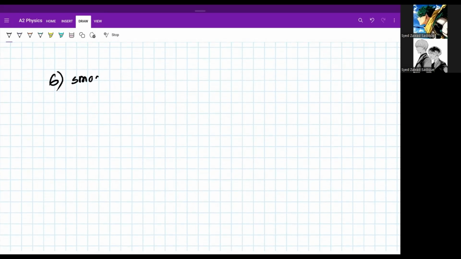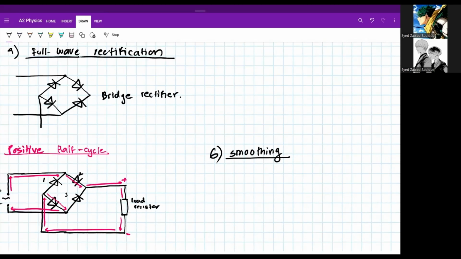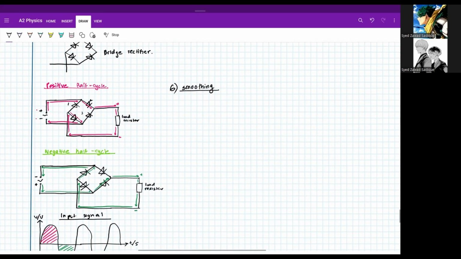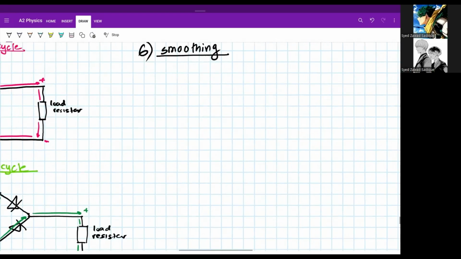Smoothing. So, in the same diagram, what they did was they used a capacitor parallel to the load resistor. Just watch.